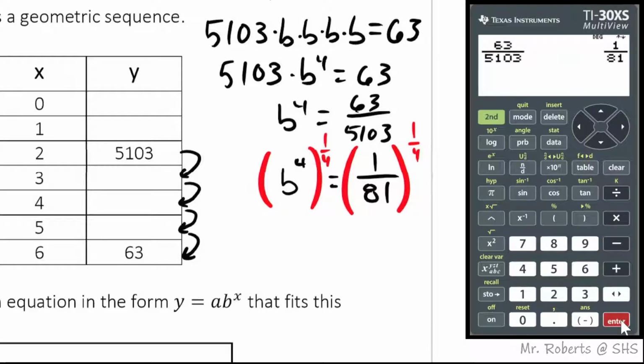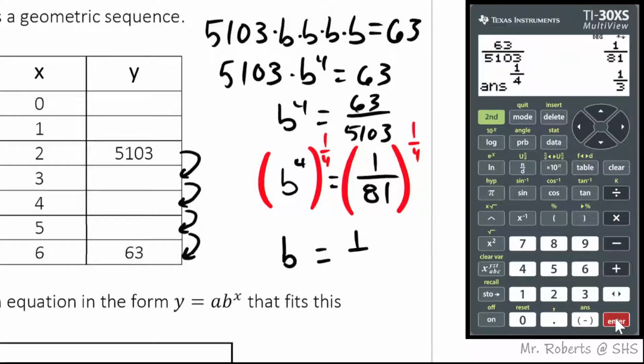Certainly, if you have equal things and you raise both sides to that identical power 1/4, you're going to get equal things. Over on that left-hand side, hey, that's nice. I've got 4 to the 1/4. Beautiful. That's why I picked 1/4, because this makes this b to the 1st, or just b. On the other side, if I take that 1 over 81 and raise that to the 1/4 power, it tells me b is 1/3.